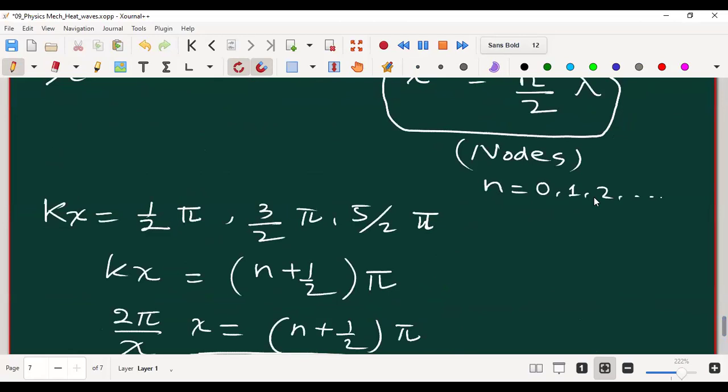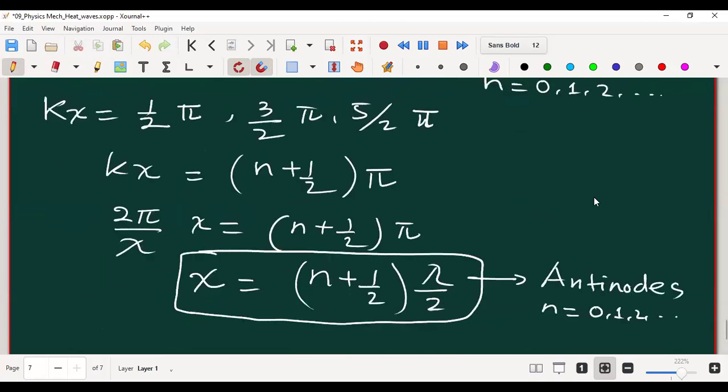So remember that there are nodes and antinodes. Okay, next question. No, right?